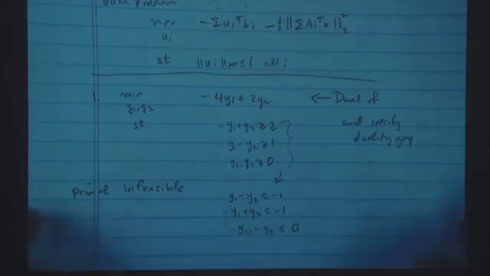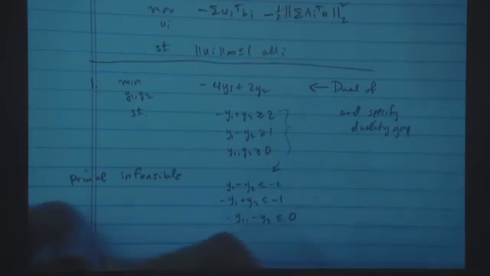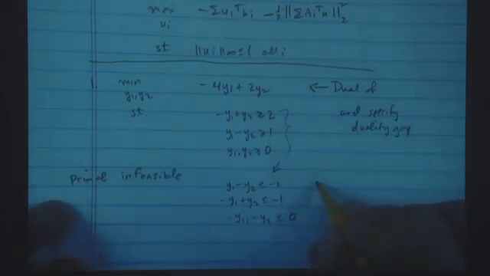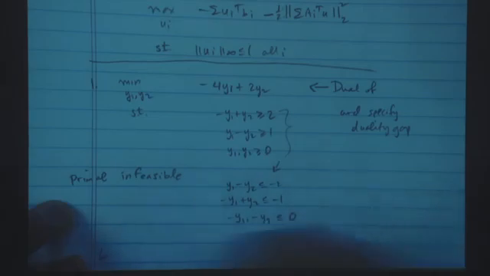Okay? So nothing special there. And the Lagrangian now is, we'll use 4 Lagrange multipliers, U1, U2, U3, and U4.